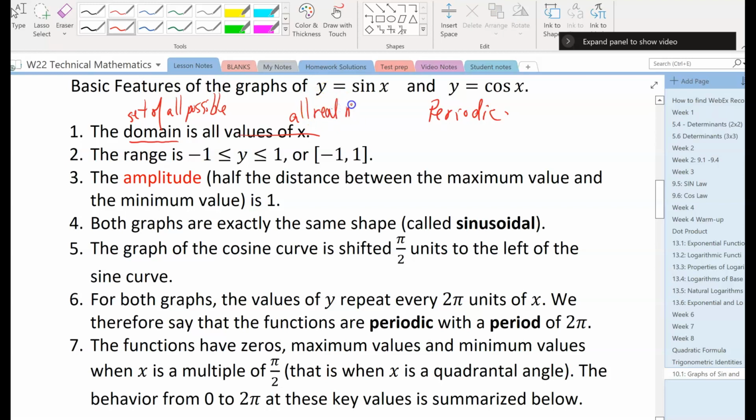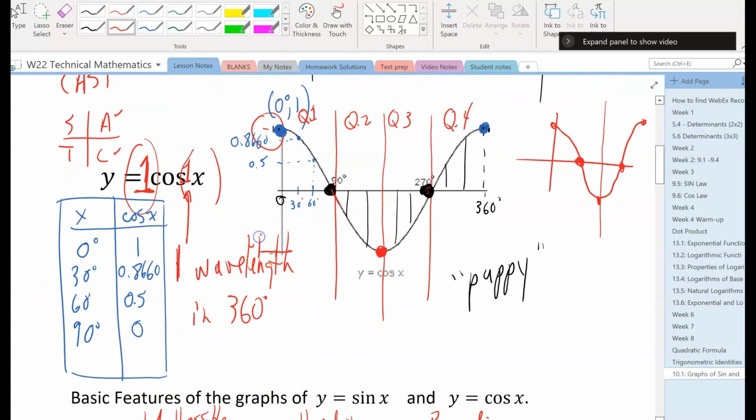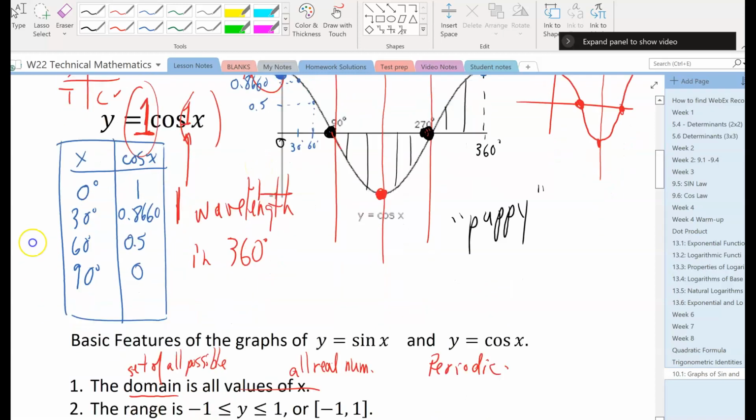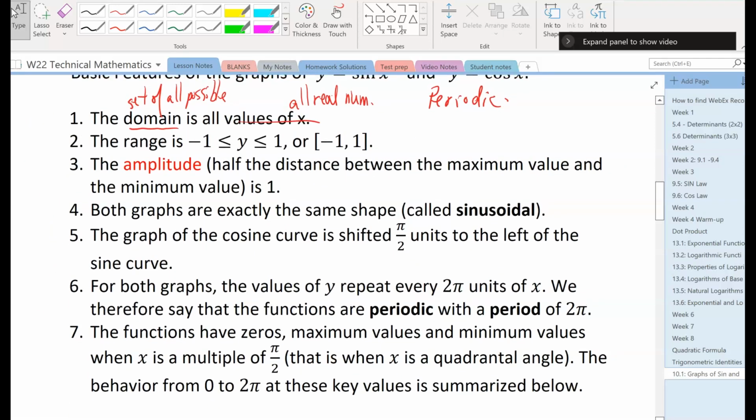The range is the set of all possible y, and it goes from -1 to +1, right? We saw that on the graph. The y values from -1 to +1, it doesn't go beyond that. So the range is the set of all y's, -1 to +1.